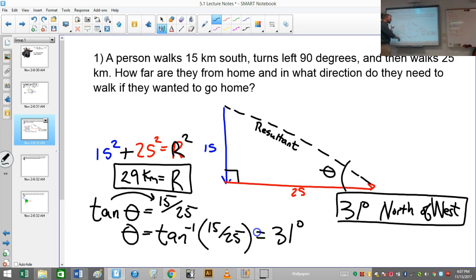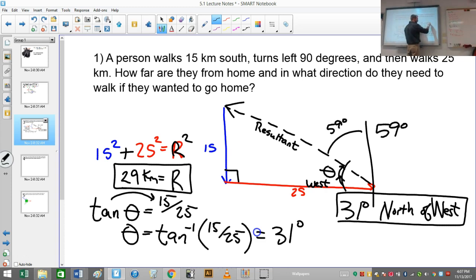So it's 29 kilometers at an angle of 31 degrees north of west. If I'm trying to go home, this is west, and I'm going north of it. I could also use the angle right here. This angle right there is going to be 59 degrees, that's going to be west of north.